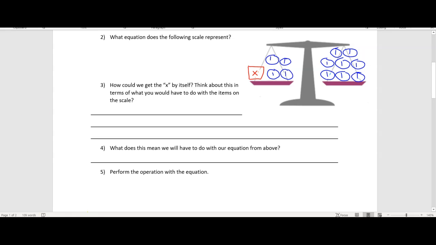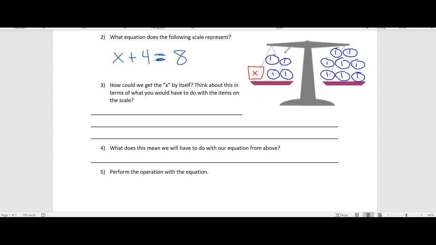Okay, so on the left-hand side, we have an x, and we have 4 blue unit circles. So x plus 4. On the right side, we just have 8 units. And of course, the equal sign represents the middle of the scale. So we have x plus 4 is equal to 8.